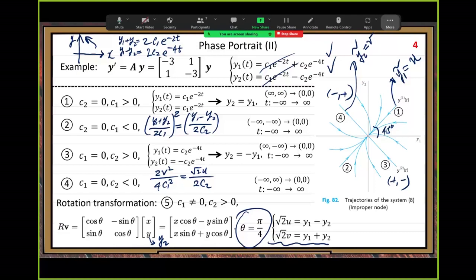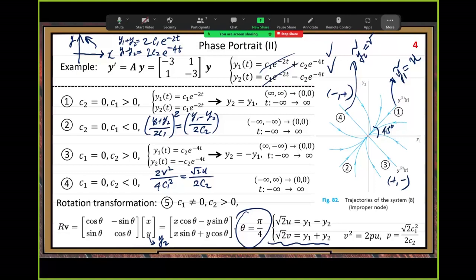Then we simplify it. After simplification, we get this equation: v squared equals 2pu, where p represents root 2, C1 squared over 2 times C2.